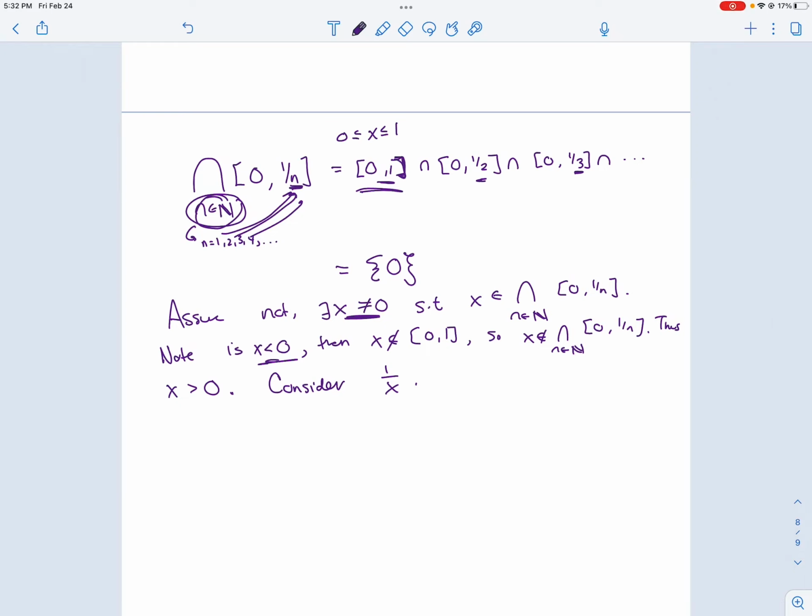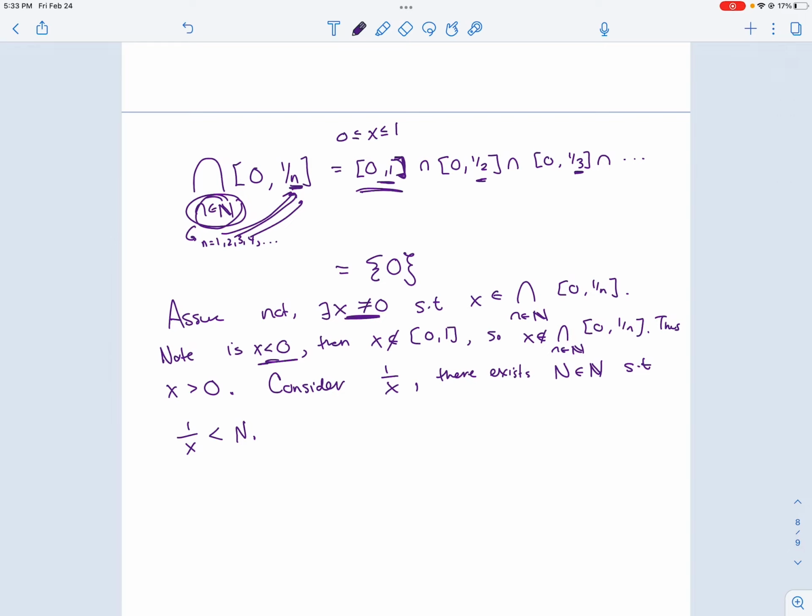Is it the biggest number in the world? No. Is there a number that's definitely bigger than it? Right, because numbers are infinitely large. So there exists some number n in the natural numbers such that 1 over x is less than n, because the integers are unbounded.